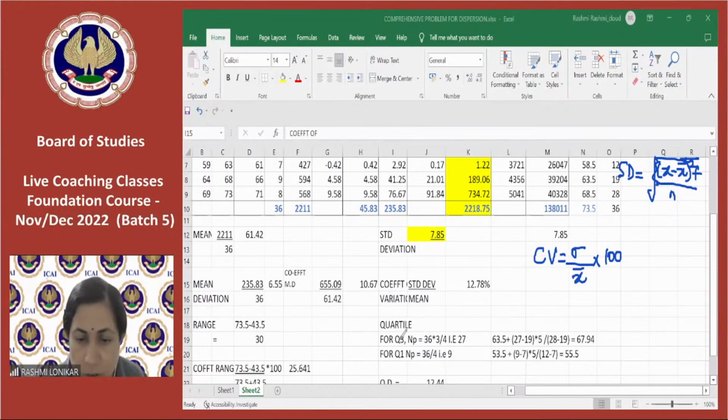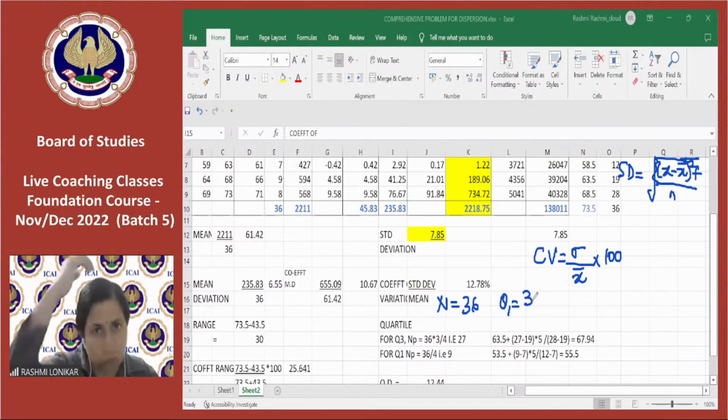Then I need to find the quartiles. So for quartiles I know that n is equal to 36. For Q1, because this is a grouped frequency, I will not use n plus 1 upon 4. I will use direct n upon 4.